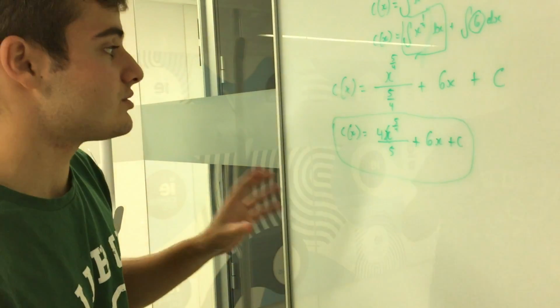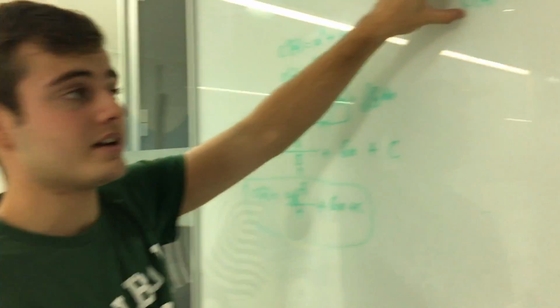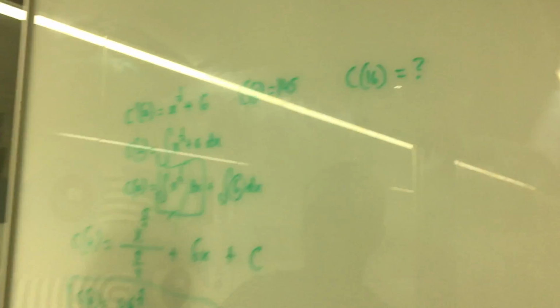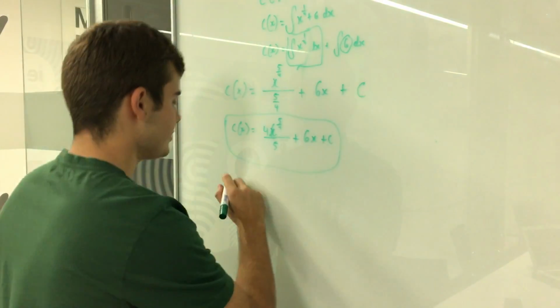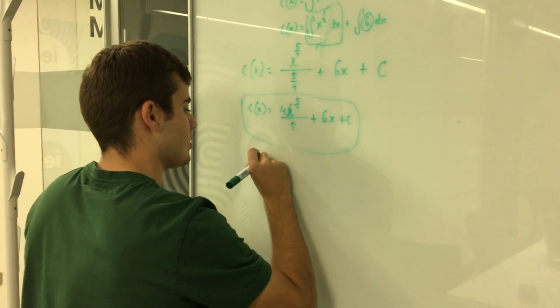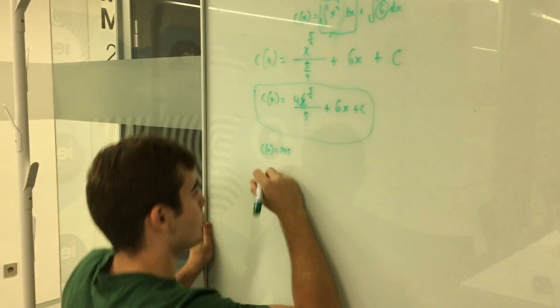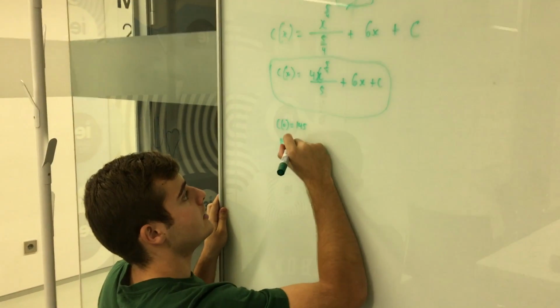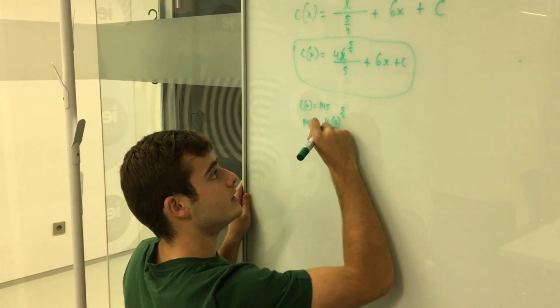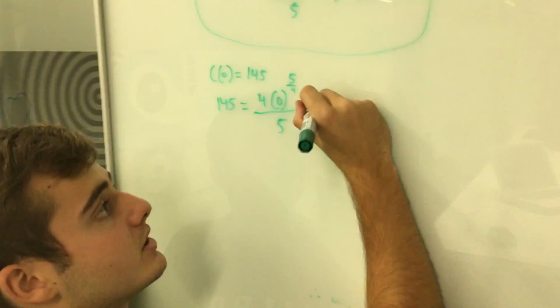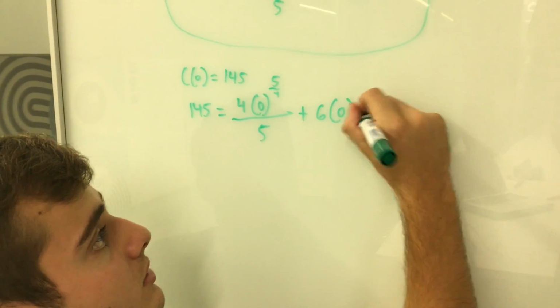However, we're asked to find the original cost function in order to find the cost of producing 16 units. Therefore, how do we find c, the constant of integration? Well, we're told that c of 0 equals 145. Therefore, 145 equals 4 times 0 to the power of 5 over 4 divided by 5 plus 6 times 0 plus c.